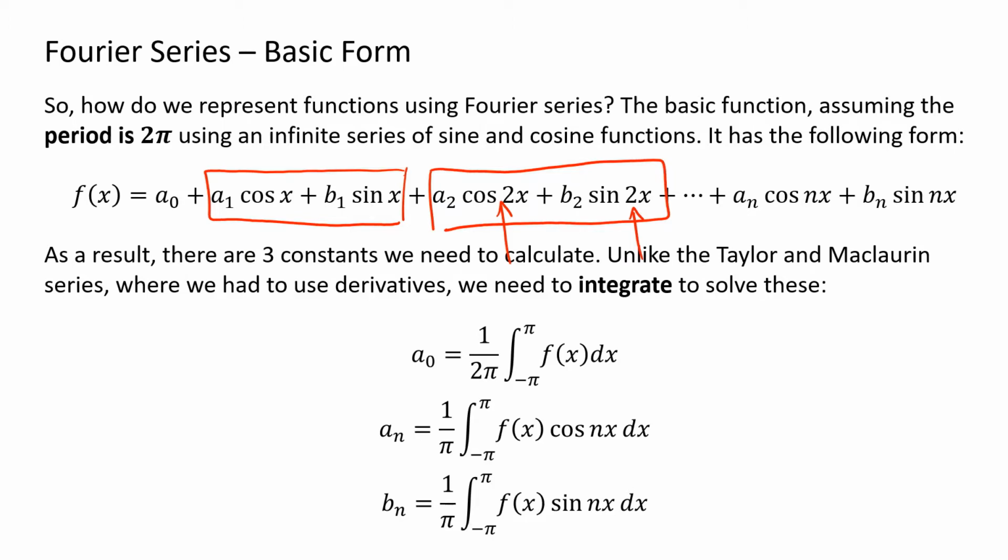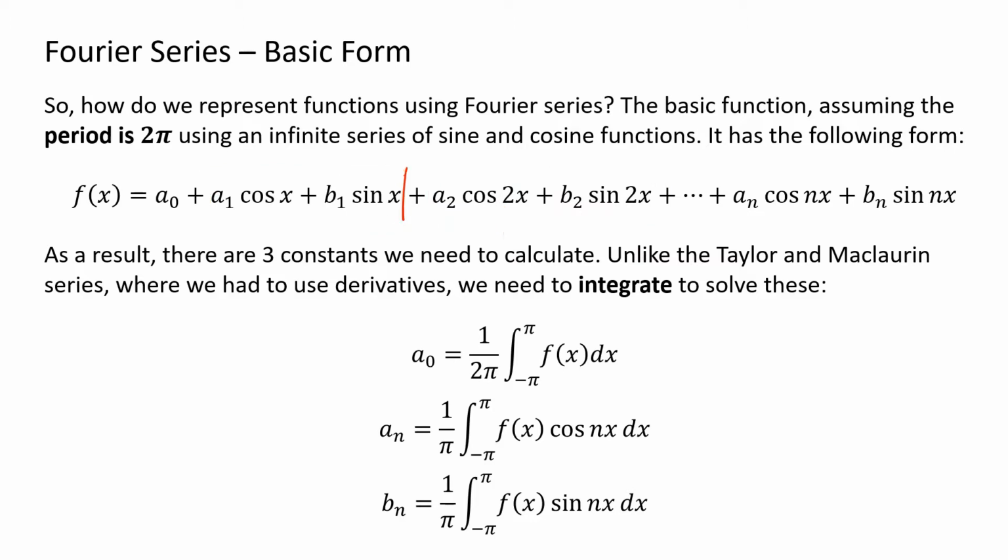Once we find the first few terms, you'll notice that it starts to stabilize. But unlike the Taylor and Maclaurin series, we don't use differentiation or derivatives to solve the constants. Instead, we integrate.